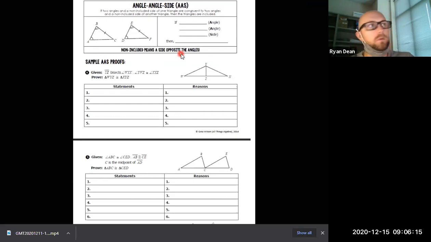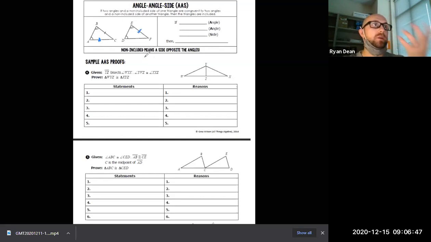Now, what's tricky about this one is identifying whether or not the side that is not included is going to be the same on both, right? So in this picture, it's pretty easy to see. But in other pictures, sometimes they're going to have these triangles flipped upside down, and they might try to say like side AC is the side that's congruent to EF.